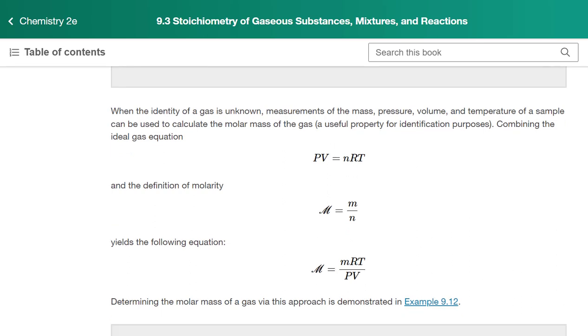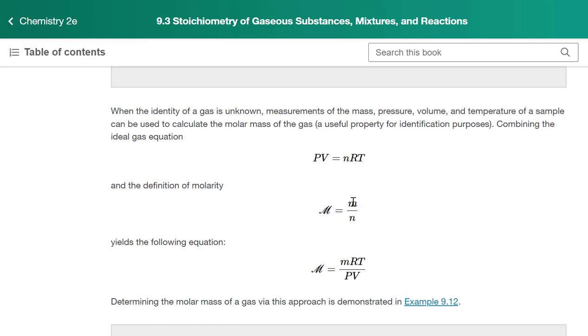We can also frame the same equation in a way to look for the molar mass. So here we're using the ideal gas law, and I'm not sure why it's using the word molarity here. This is the molar mass, right?